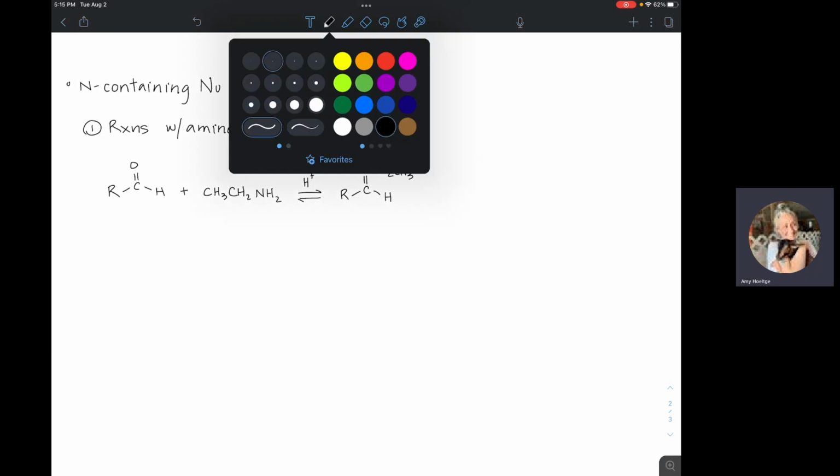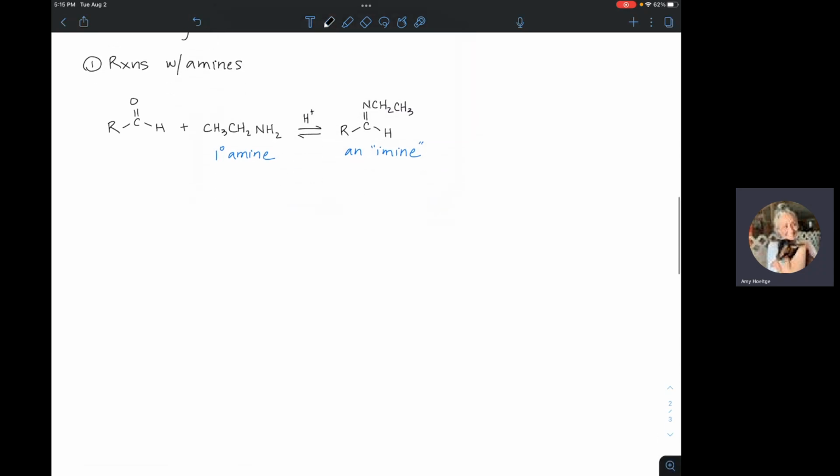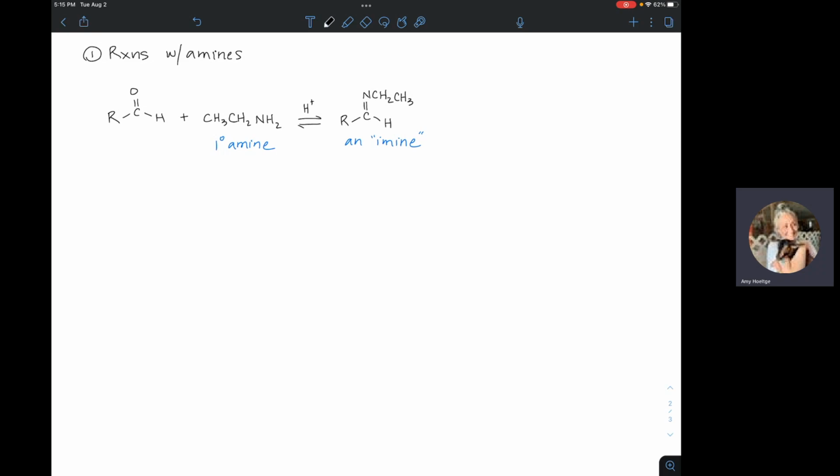This thing is an imine. We have a primary amine, that's important. We'll form something else with a secondary amine. And it can be either an aldehyde or a ketone. So if that H was an R, for example, then it would be present in the product. But the star of the show here is the carbon double bond nitrogen. And that nitrogen will have its R group.